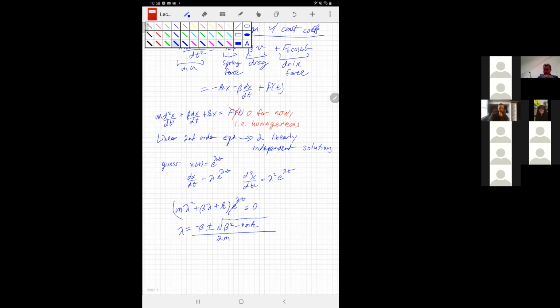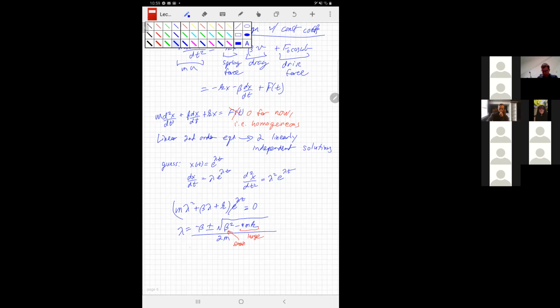Imaginary? Yeah, we need an imaginary or complex exponent. Beta is probably not imaginary. But if it turns out that beta is small and 4mk is large, then this could work.